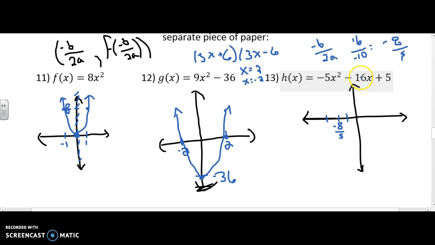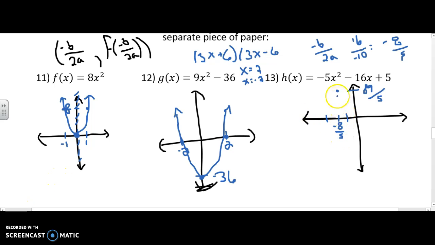If you plug all that in, you're going to get 89 tenths, or 89 fifths, which is a pretty high number. So again, you want to be a little creative with your scale. I'll go ahead and put in 89 fifths, and I'll put my point there.